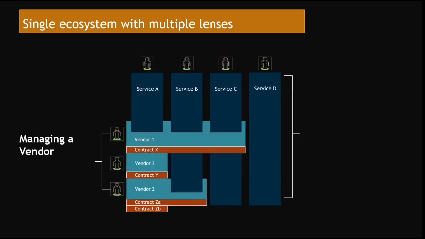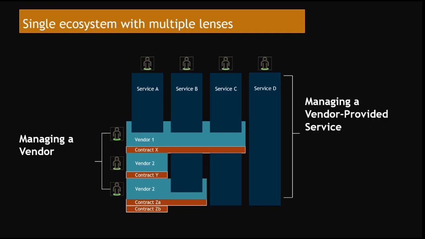They can manage a vendor here: vendor one, what is the contract? Vendor two, what is the contract? Vendor three, what is the contract? They can manage multiple levels of contracts. They can focus on vendor partnerships and care about the vendor's ability to deliver against the contract requirements.